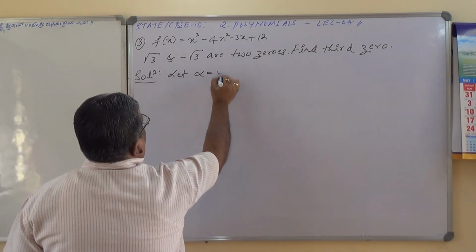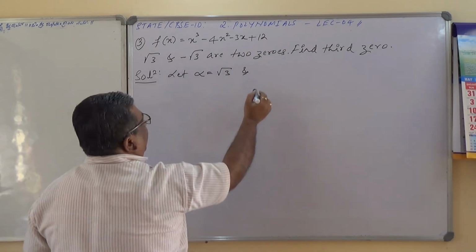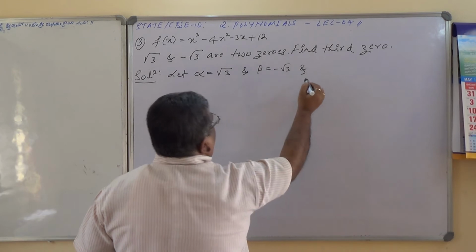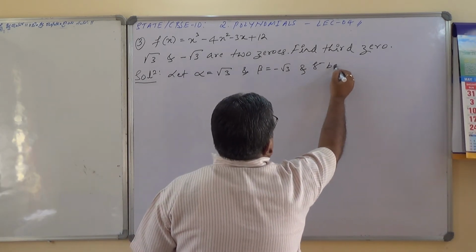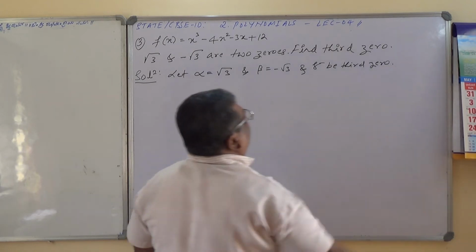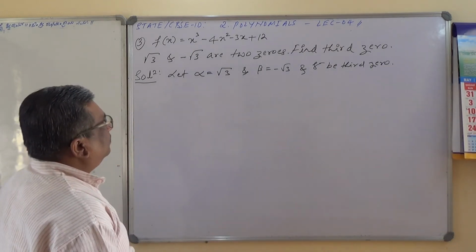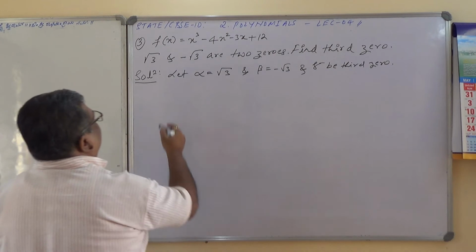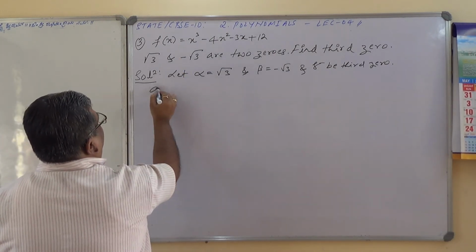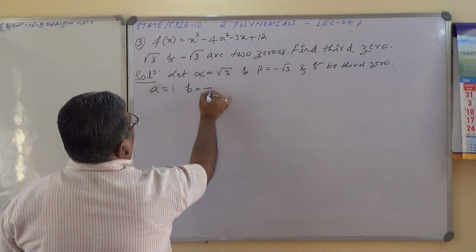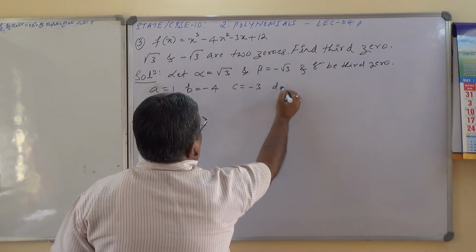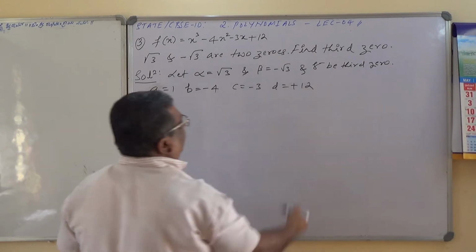Let alpha equals root 3 and beta equals minus root 3 and gamma be the third zero. Okay. F of x is already given. I need not write it down. A equals 1, B equals minus 4, C equals minus 3 and D equals plus 12.